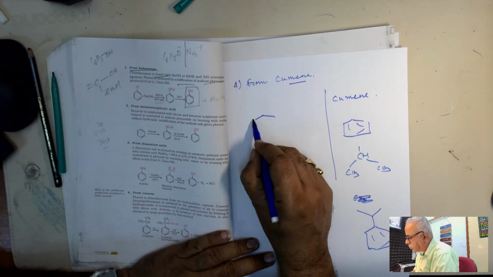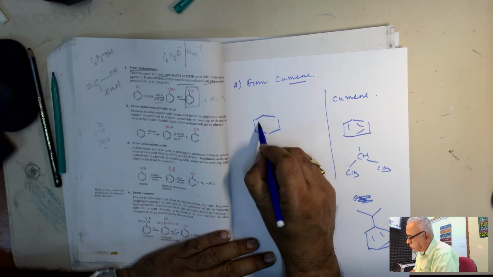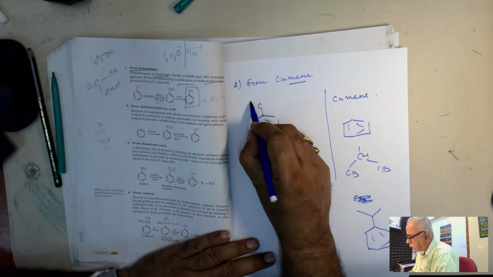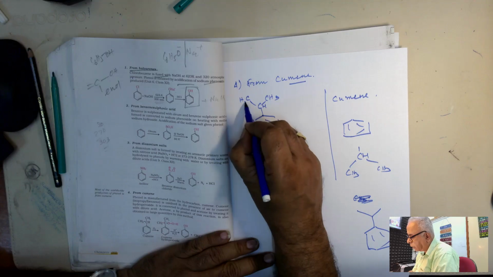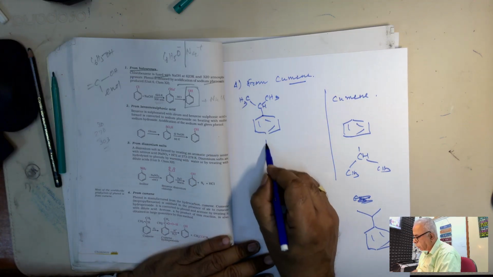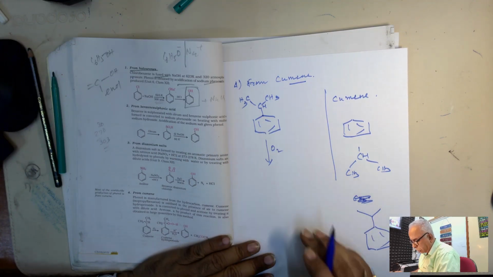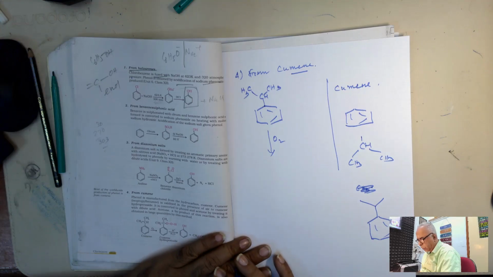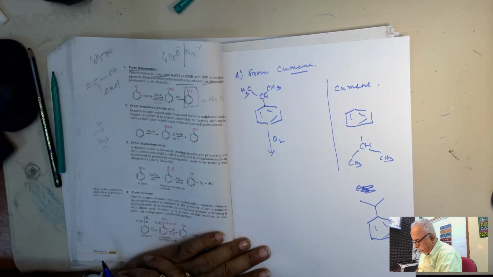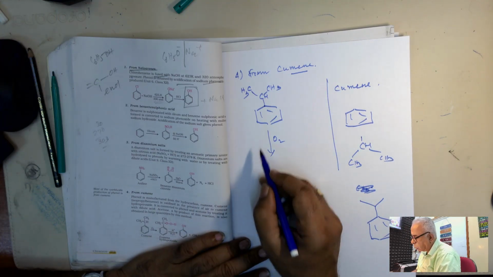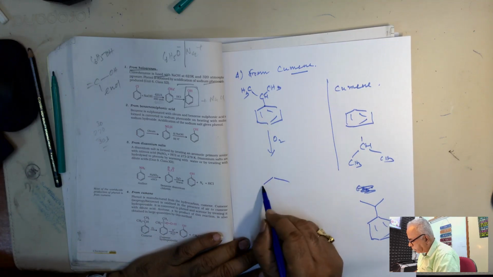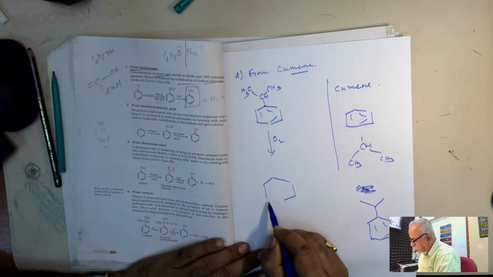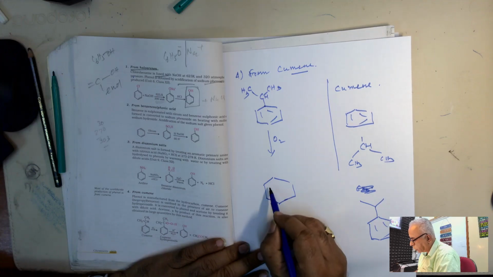Now let us consider cumene, that is oxidized. So you have cumene, CH3, CH3. Now what you do? It is subjected to oxidation, that is passing oxygen. Okay, it becomes a peroxide. So this H becomes OOH, so you are able to get a peroxide compound, cumene hydroperoxide.